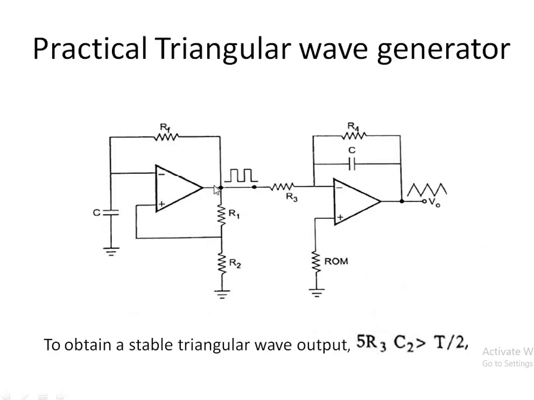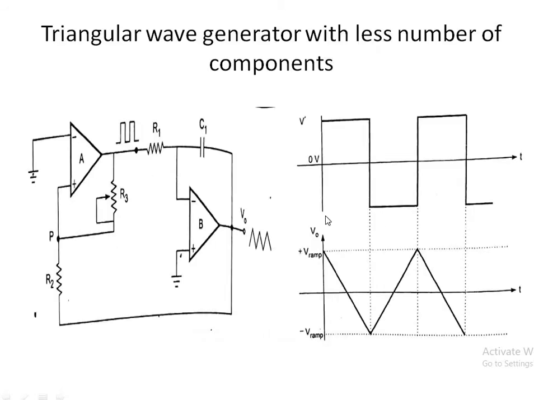In the earlier circuit, the feedback resistance R2 is grounded and there is no feedback over here. But here you can see the output is fed back to the first op amp's non-inverting terminal, so that this point P becomes a common point.